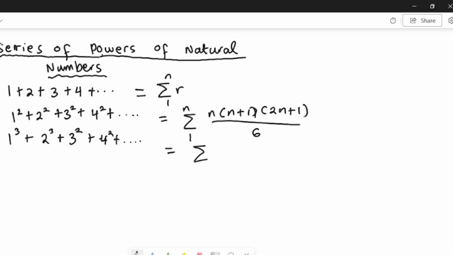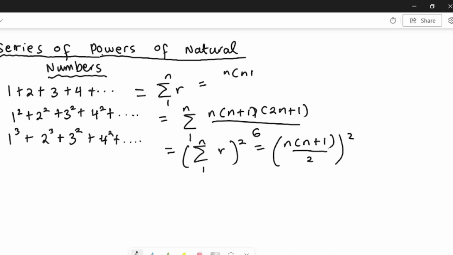We are saying it's the same as getting the sum of r, and then this sum is squared, which is the same as n into n plus 1 over 2 squared. And now this means that this sum is equal to n into n plus 1 over 2.